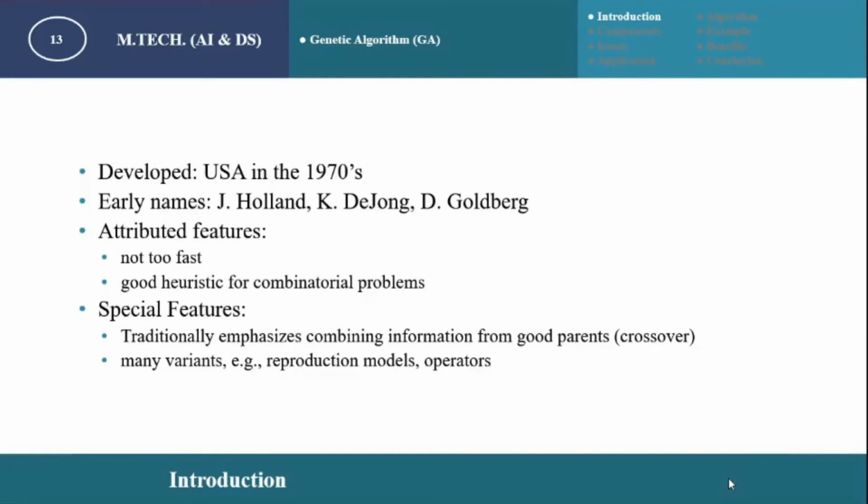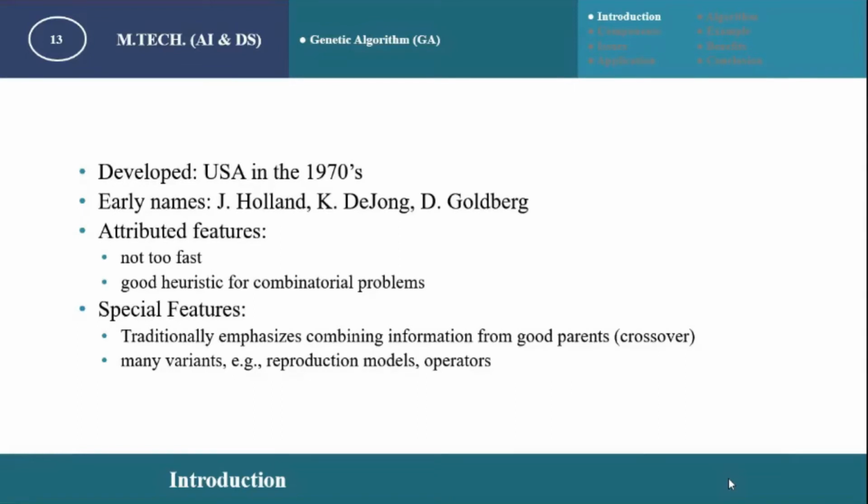So depending on the different models of reproduction, the genetic algorithm can be different. If one person creates a particular genetic algorithm and another creates another genetic algorithm, both may not be the same.